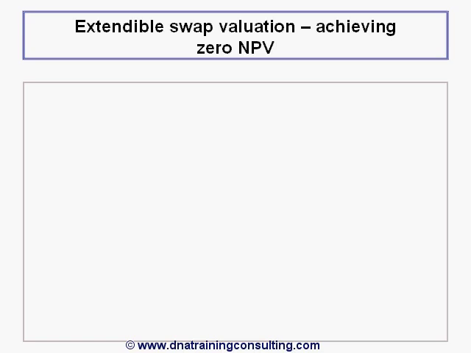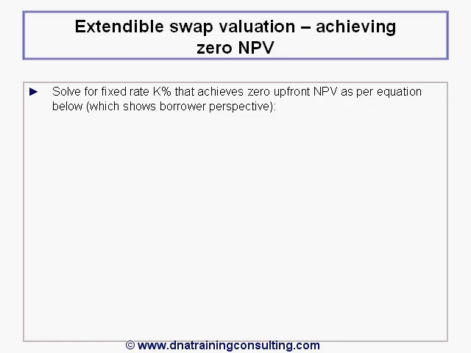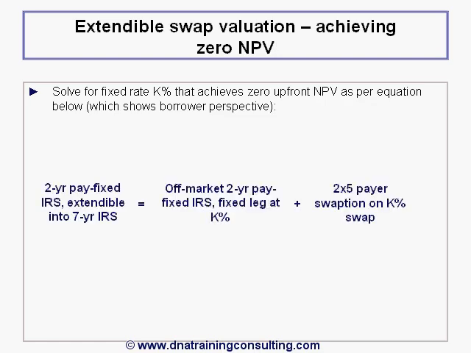So to bring the aggregate NPV to 0, we need to solve for the value of K, the fixed leg of the 2-year swap, and also of the 5-year swap underlying the swaption, that will bring to 0 the sum of the PVs of these two instruments.